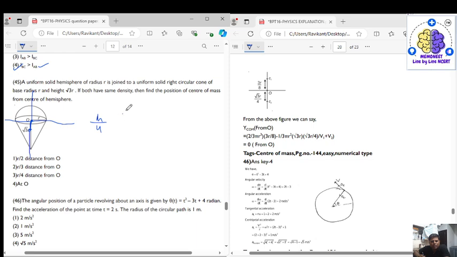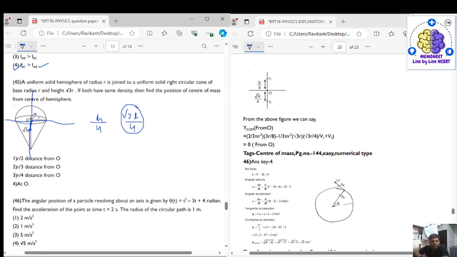So here h is given to us as root 3r, so root 3r upon 4 will be the distance of center of mass from the origin, along the minus y-axis. Here we have drawn this as the center of mass of the cone, at a distance of root 3r upon 4 on the negative y-axis.